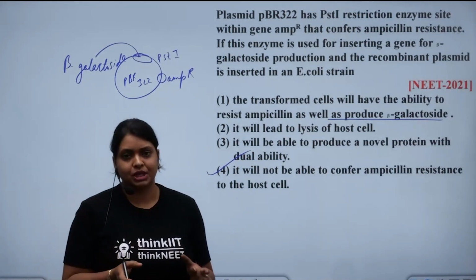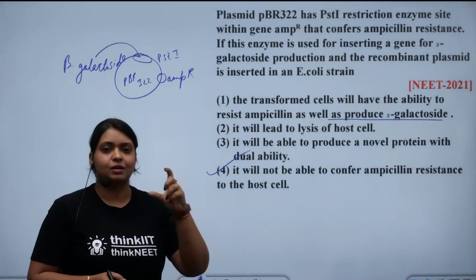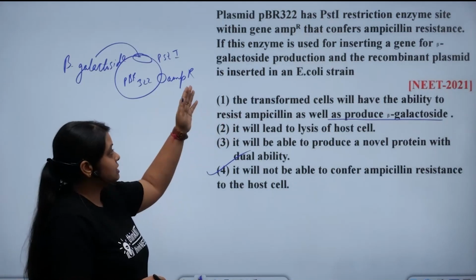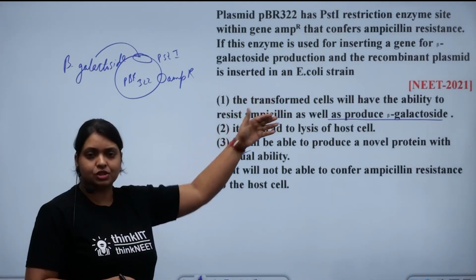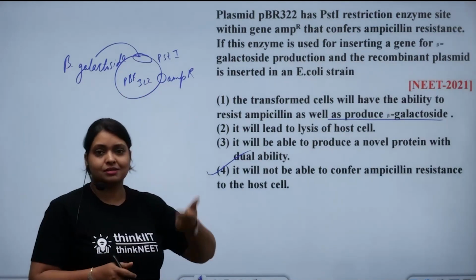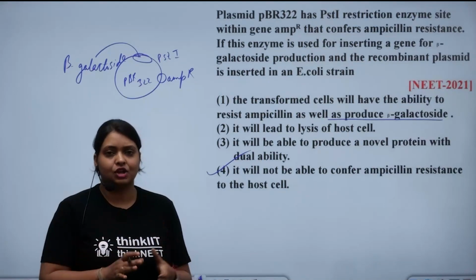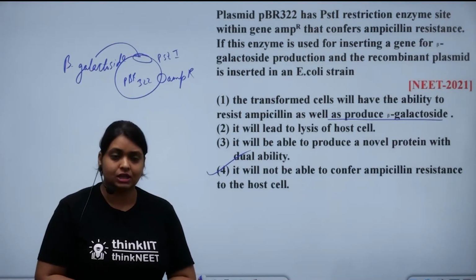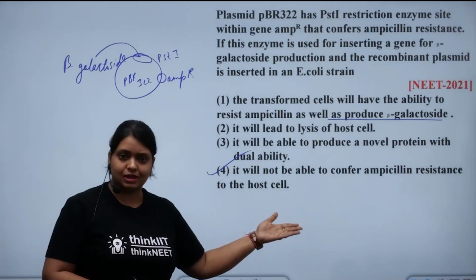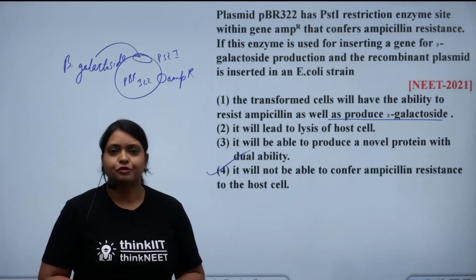Because when you are inserting a gene into the plasmid, at the PstI site which is present within the ampicillin resistance gene, the ampicillin resistance gene will get inactivated, and because of this inactivation, the cell can't resist ampicillin. So that's why the correct answer for this question is your fourth option.